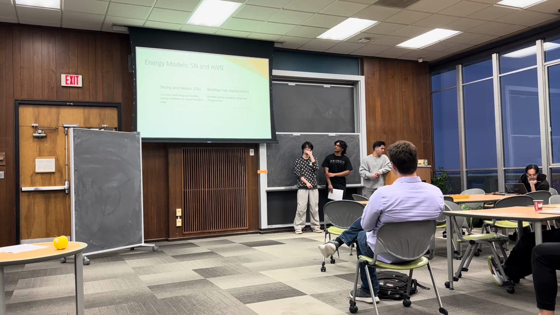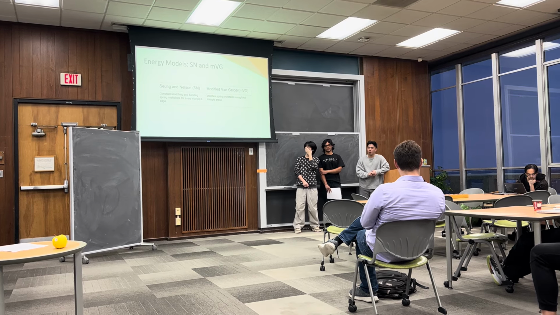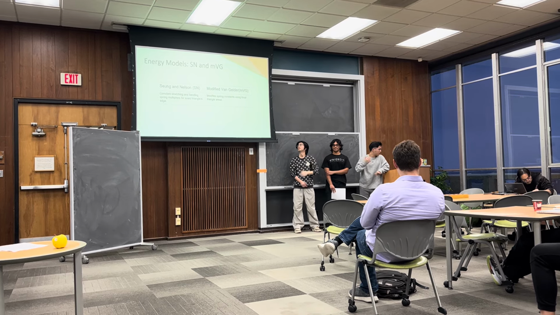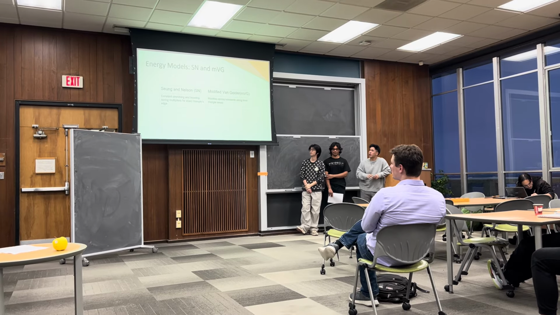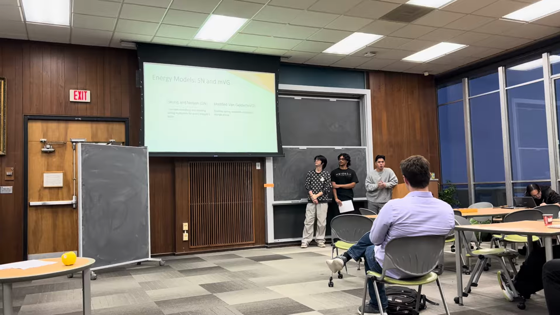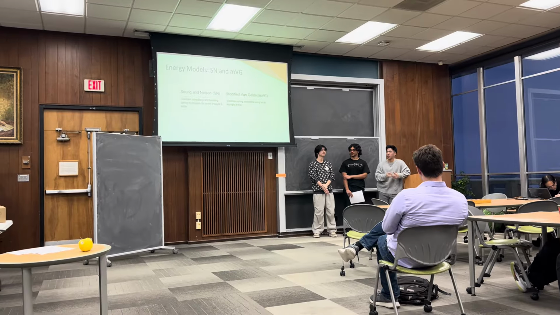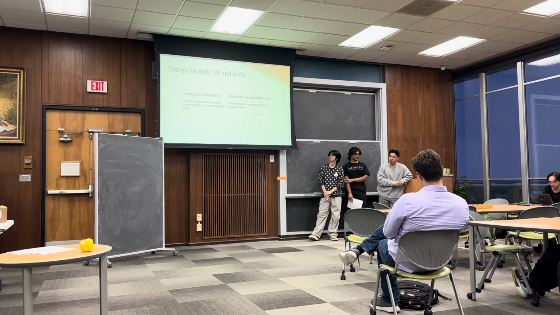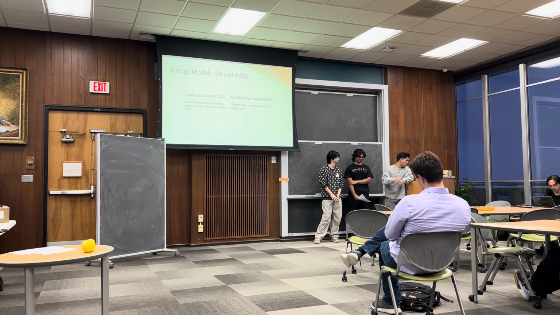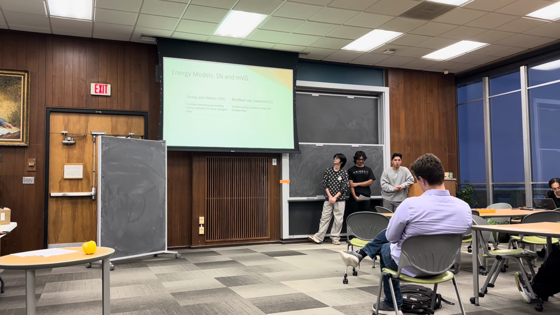And next is our energy model, before we talk about how we're going to apply our energy. In this case, we introduce the two main energy models that we use and reference from other papers. The first one is the Sun and Nielsen model, and the second one is the modified Van Gilder model.